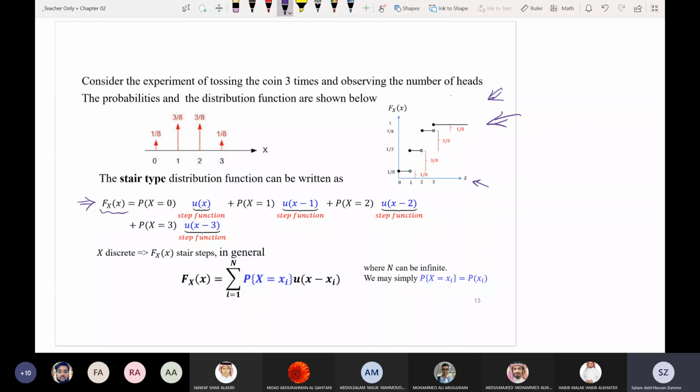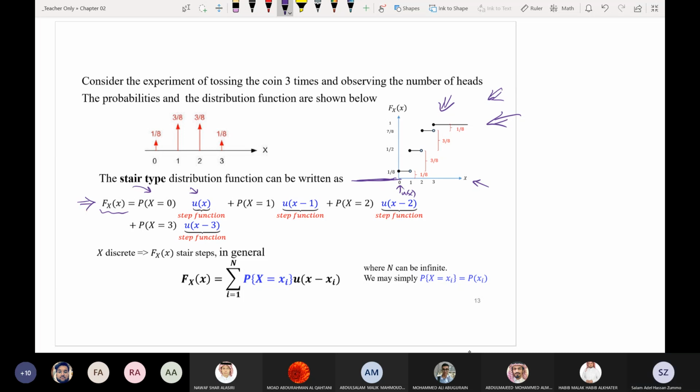You can see this is a staircase function. And because it's a staircase function, it's a summation of a series of shifted step functions. أول شيء تبدأ بزيرو، ما في شيء صح؟ Up to 0, you start by one step function at 0 اللي هو u of x. Okay?